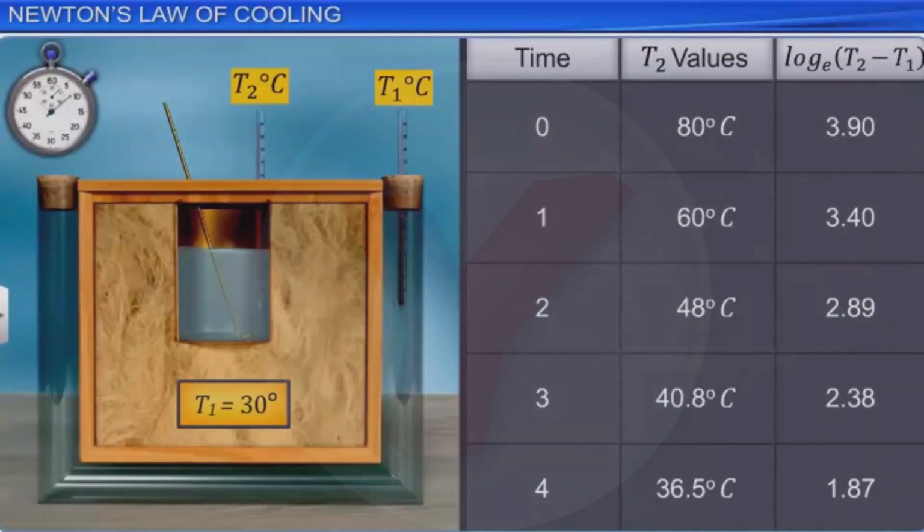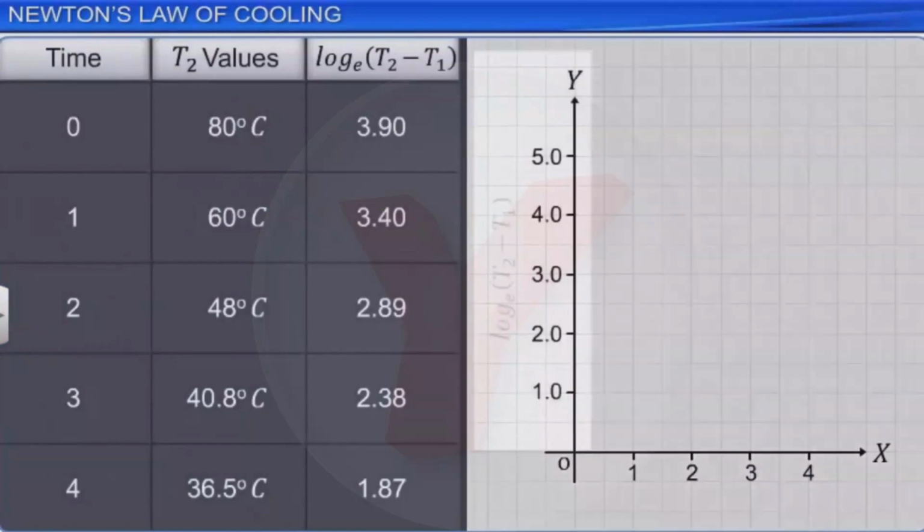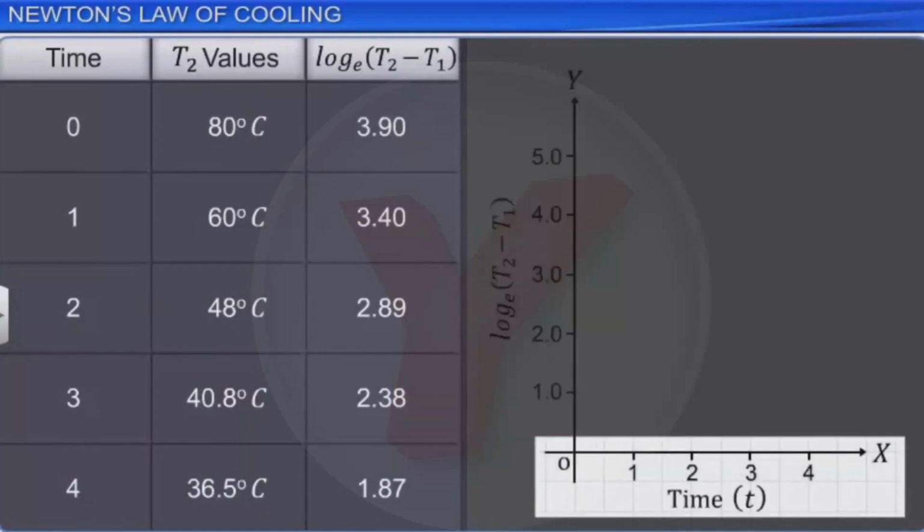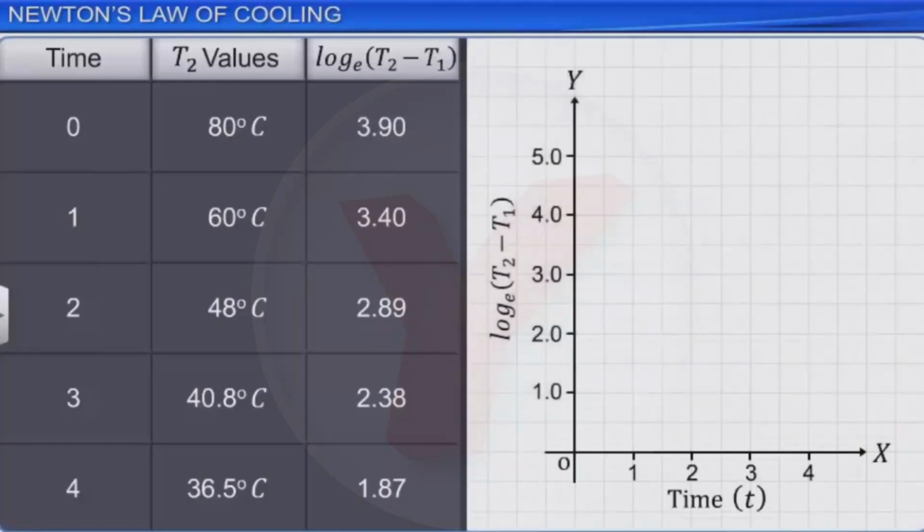When a graph is plotted with log to the base e of T2 minus T1 along the y-axis and time t along the x-axis, based on the experimental results, we get a straight line with a negative slope.